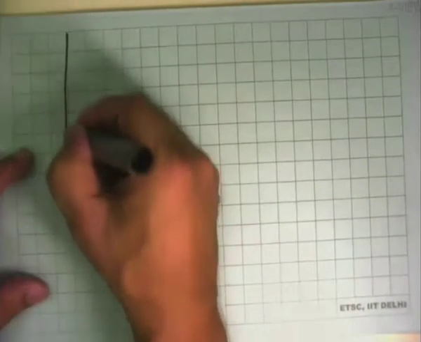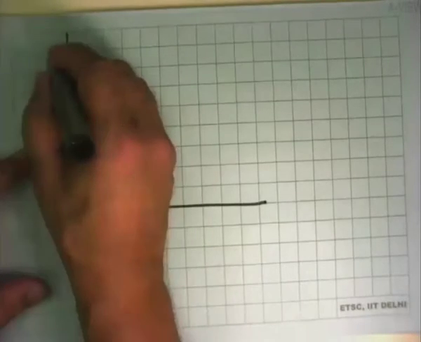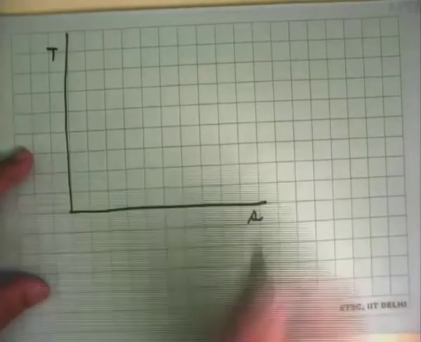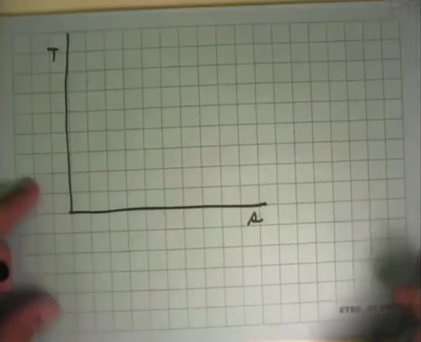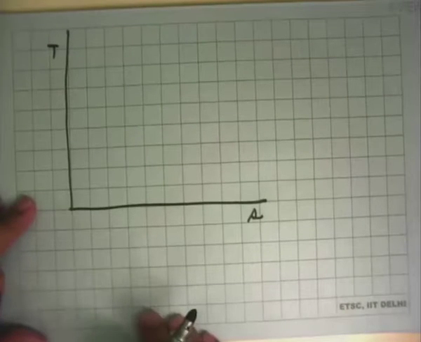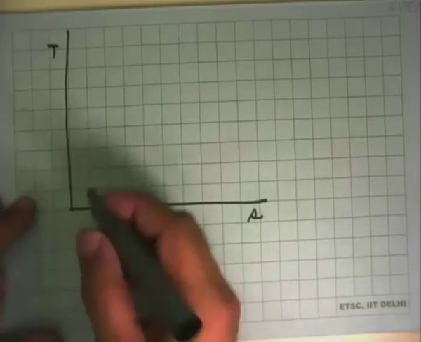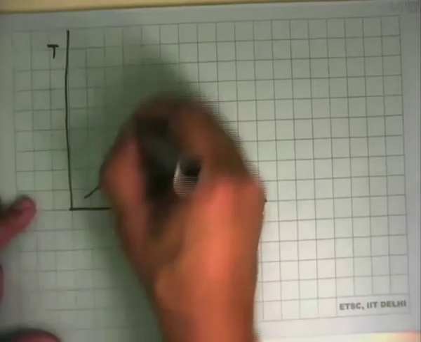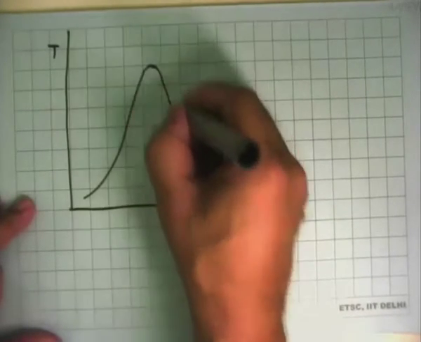The next thing we'll do is show these processes on one of the property diagrams, and I'm choosing to show it on the TS diagram. So let's take the evaporator of an air conditioner.